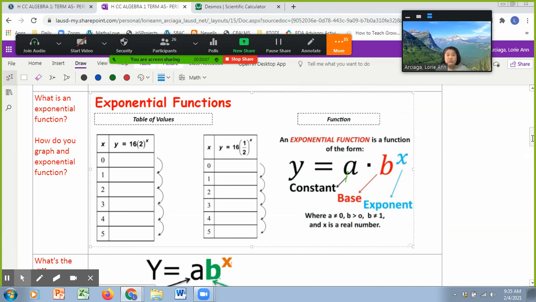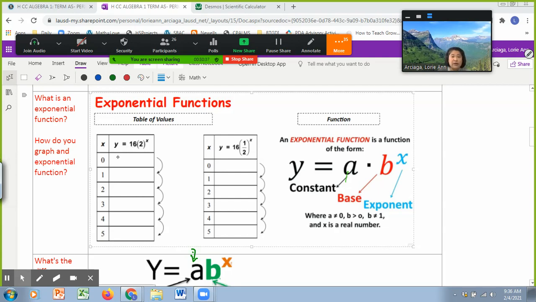I want you to be able to do it even without using your calculator, so you have to understand the idea behind it. Let me explain it again. Your initial value here is the value of your a, and a is the number that does not have an exponent. So what is your initial value for y equals 16 times 2 to the x?